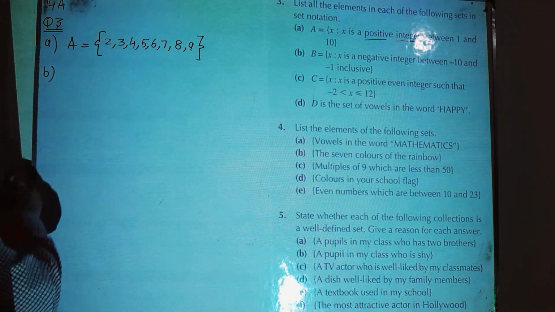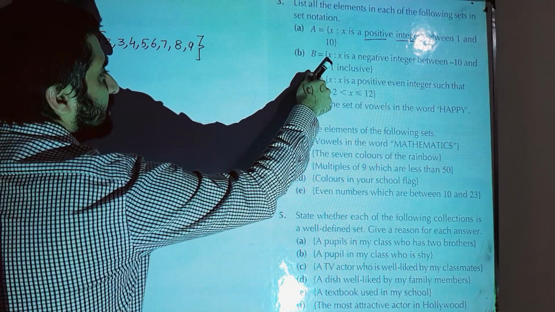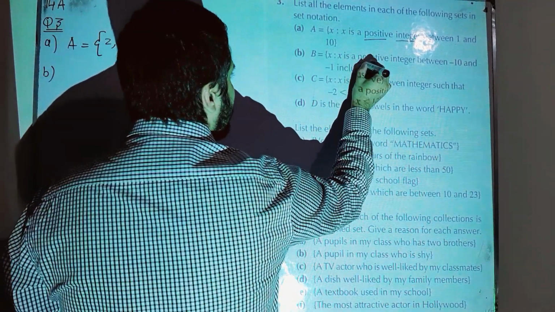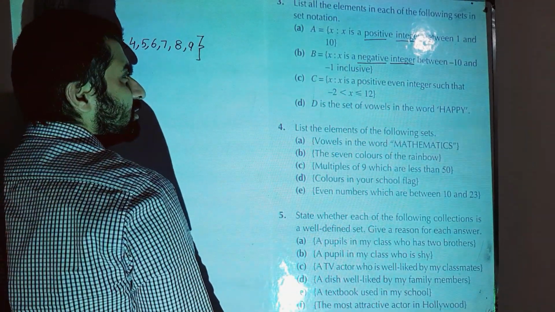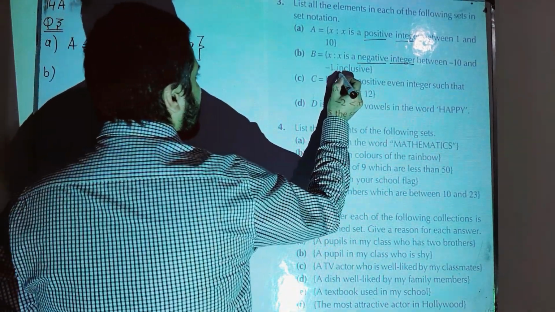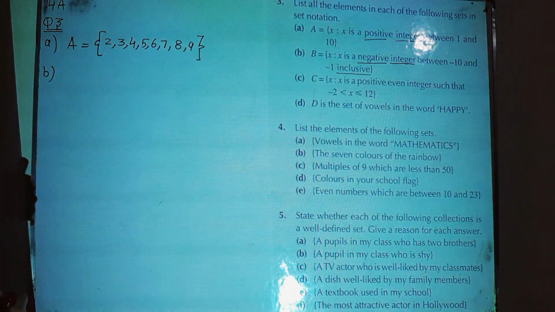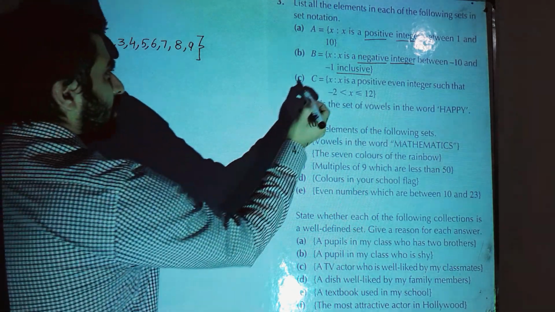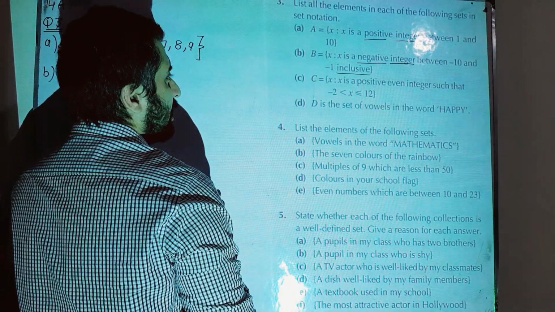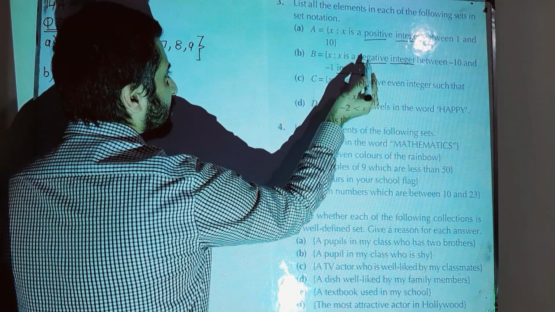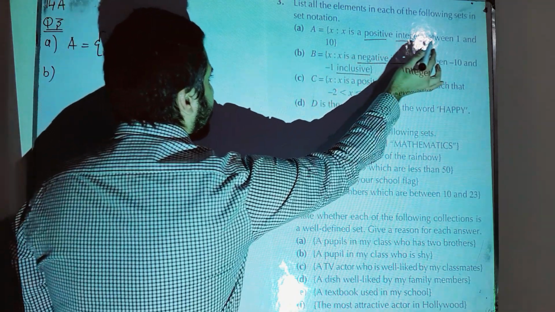Part B, X, such that X is a negative integer. Now we have got a negative integer between minus 10 and minus 1, inclusive. Now this word is important. Inclusive means you have to include minus 1 and minus 10. However, in previous question we don't have the word inclusive, so I didn't include 10 and 1.